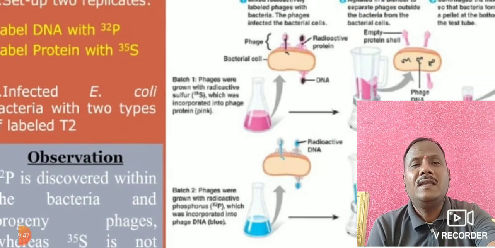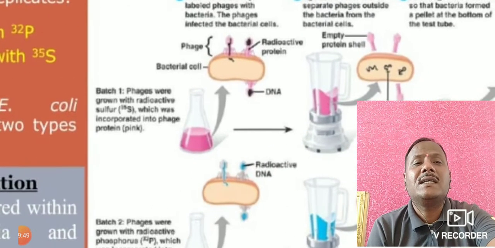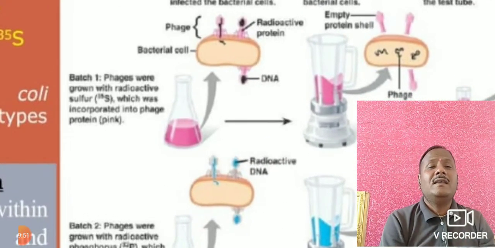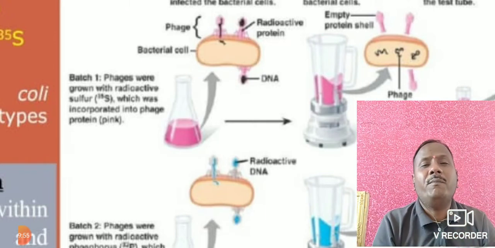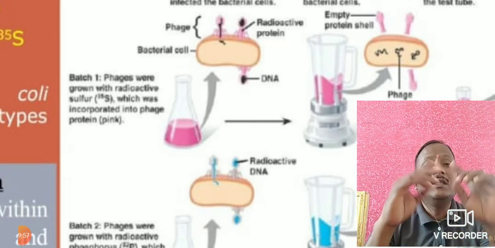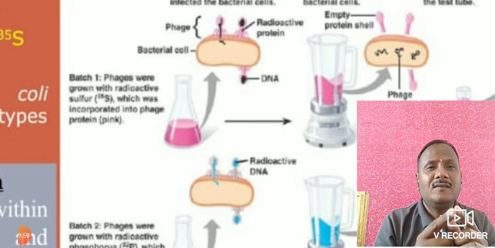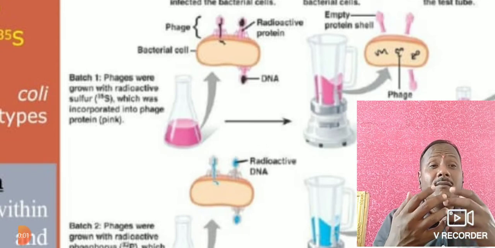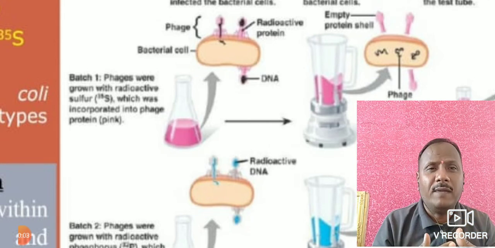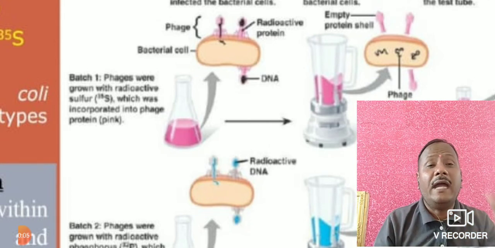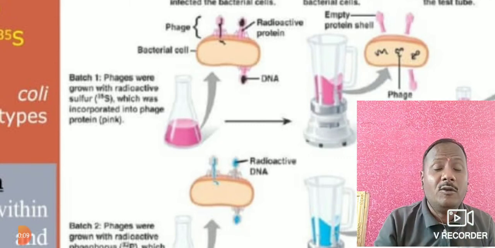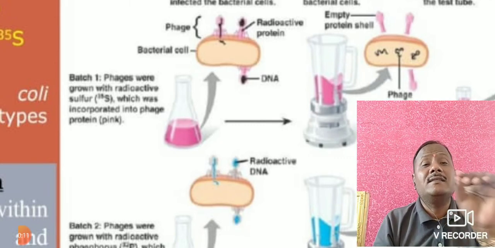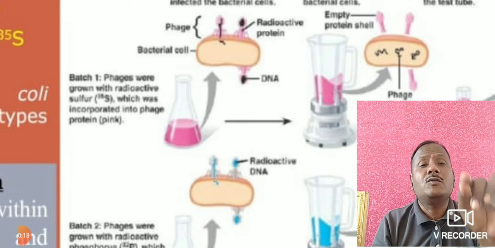In this experiment, what happens? This is the first batch, in which within the conical flask there is the bacterial growth medium, within which there is the addition of E. coli bacteria as well as bacteriophage, and the addition of radioactive sulfur.